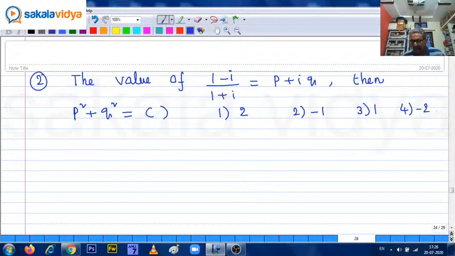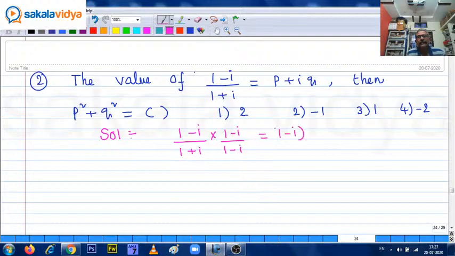Okay, all of you check. So let me complete my method now. Solution: (1 minus i) by (1 plus i) multiplied by the conjugate of 1 plus i, which is 1 minus i, over 1 minus i. This is (1 minus i) whole square, upon z into z bar, which is mod z square, is 2.